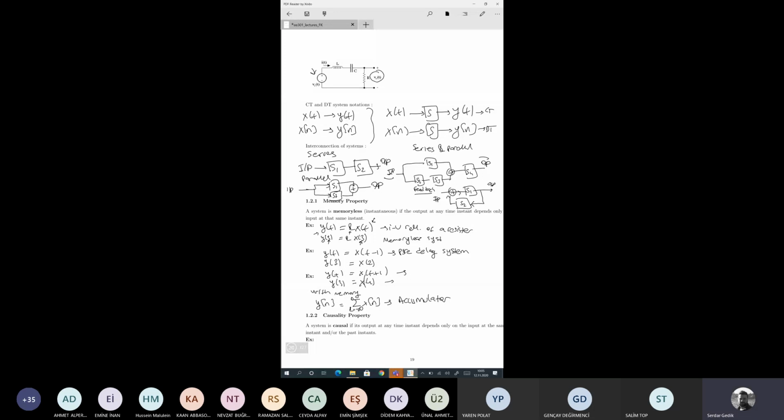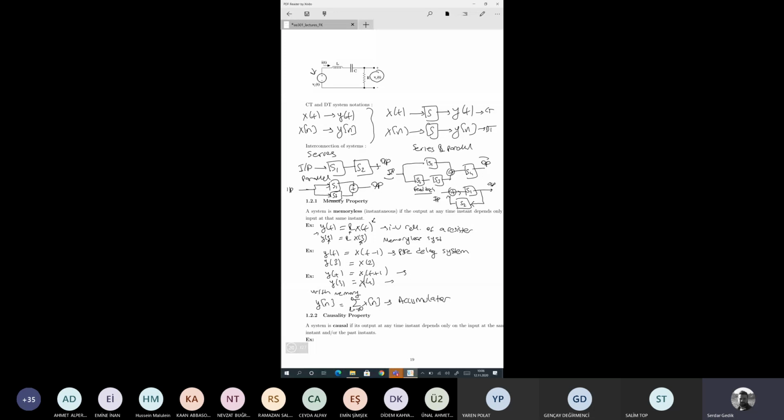Well, the next property that we will cover is the causality property. A system is defined to be causal if its output at any time instant depends only on the input at the same time instant or the past instants. Well, in the memory property, to find the current value of the output, you need the current value of the input.